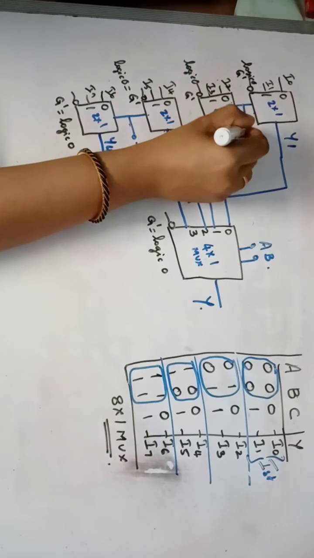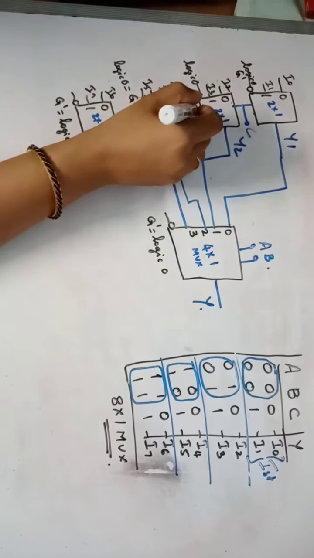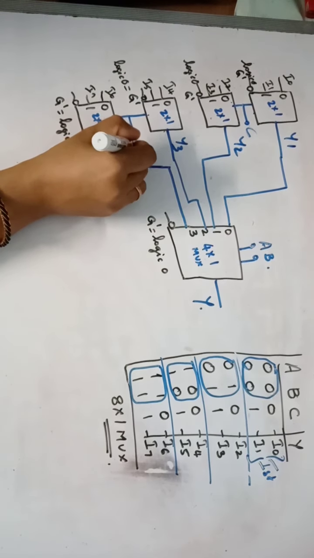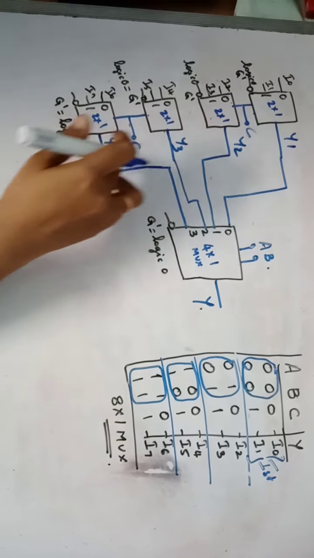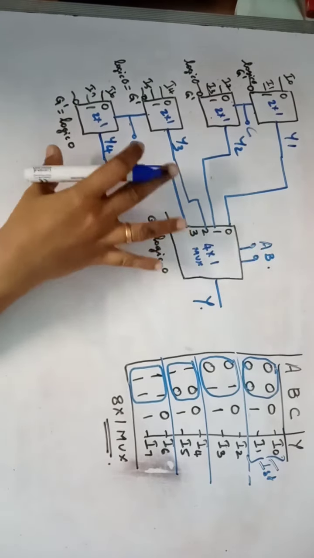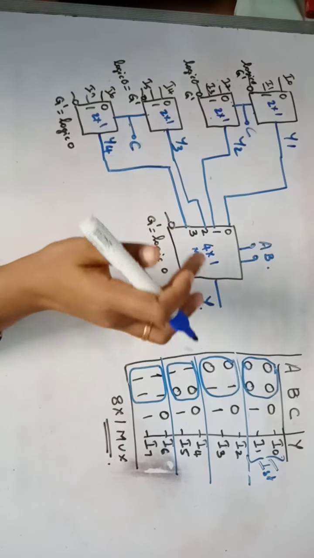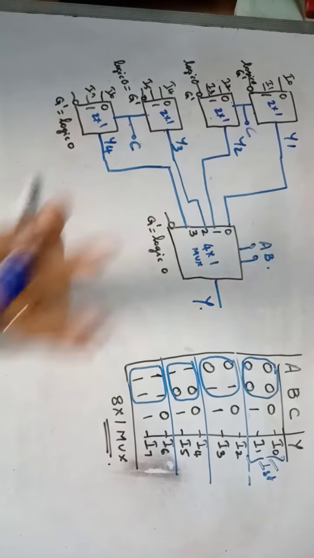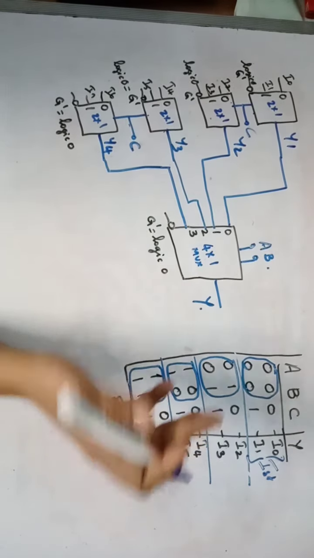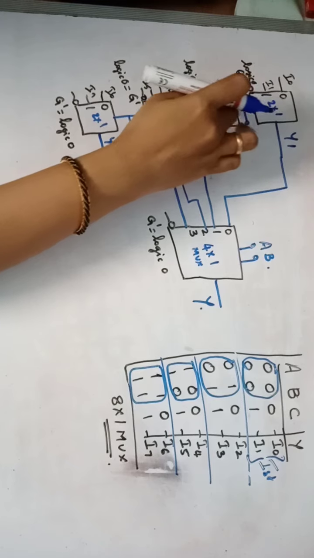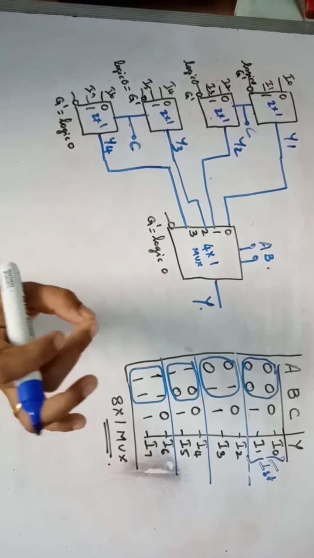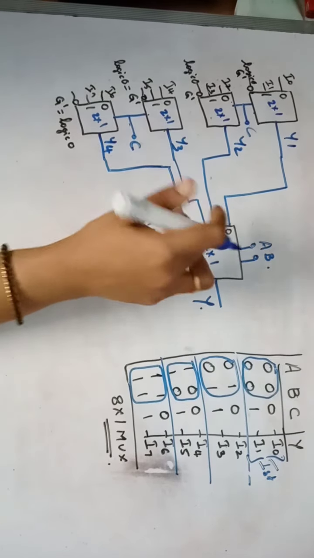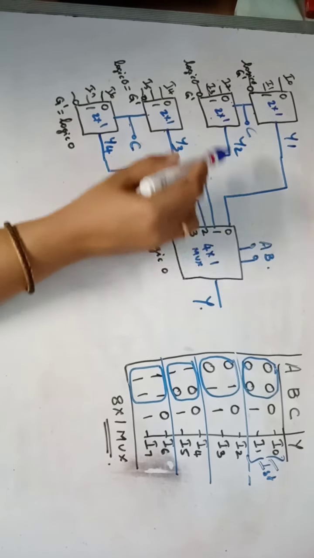So this is C. Actually all the select lines are shorted and given to a switch, and that is kept as C. You have only one select line. Since this is a big circuit, I am not shorting all the lines. I am just showing it as C. When you do it in the lab, you are actually shorting all the 4 select lines and giving it to a single switch, and that will be taken as C. So you have A, B and C.